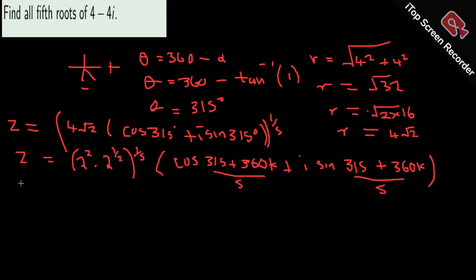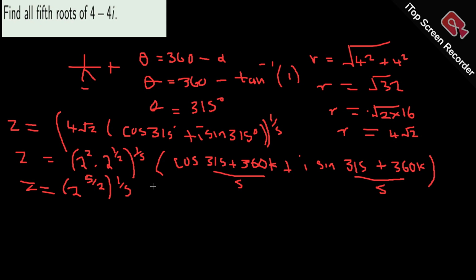And let's see this side. There's something we can do here. Can you see it? Since we are multiplying numbers of the same base, we can maintain the base, then we add the powers. So that's going to be 2 times 2 plus 1. That is the addition of fractions. So it will be 5 over 2. Then this side we have 1 over 5. Then what are we going to do?